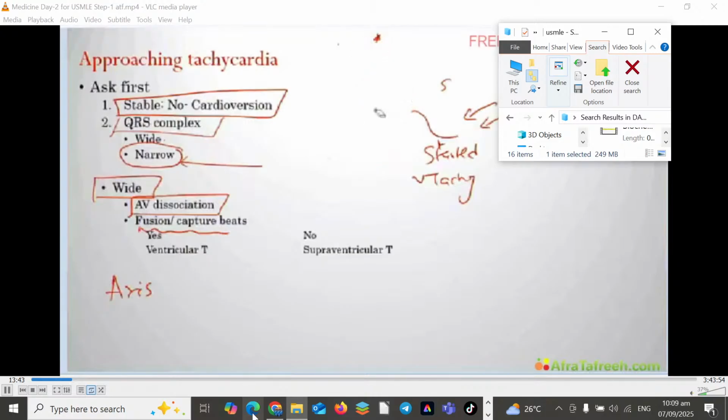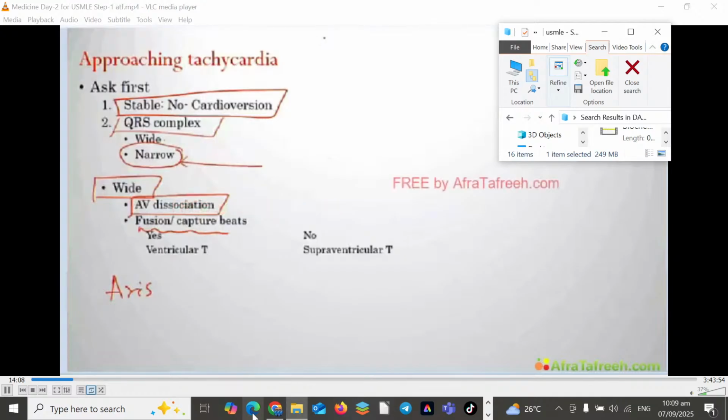What do you mean by a fusion beat? See, AV dissociation means that the ventricle is contracting on its own and the atria is contracting on its own. It is seen in cases of ventricular tachycardia.